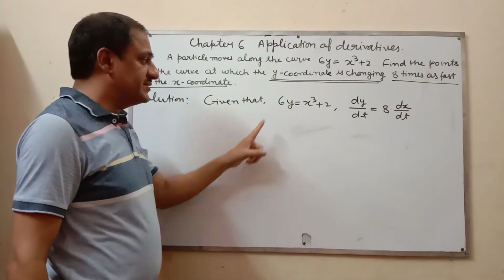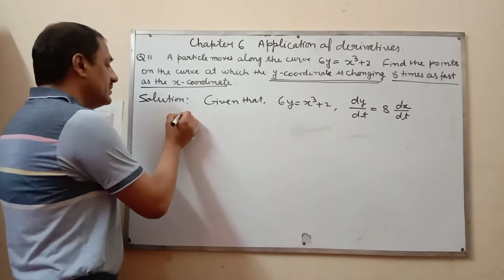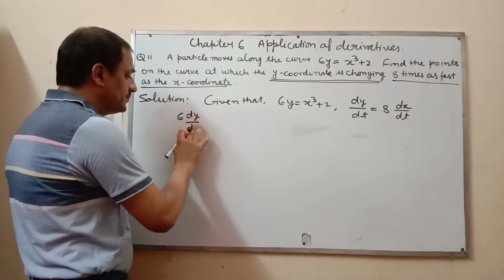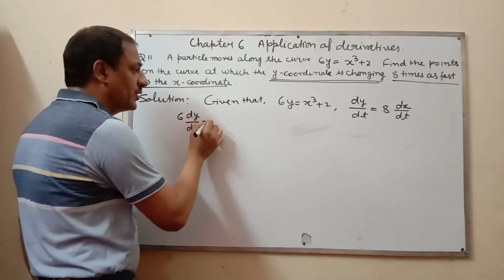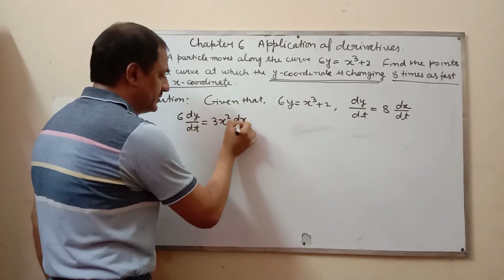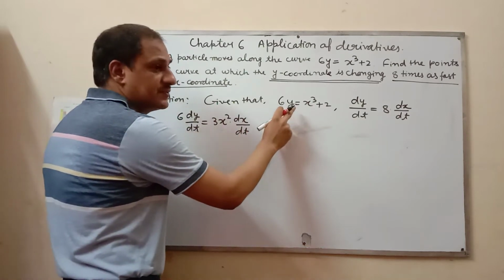Now I am going to differentiate the given function 6y = x³ + 2 with respect to t. 6 dy/dt = 3x² dx/dt. This is the differentiation of this function.